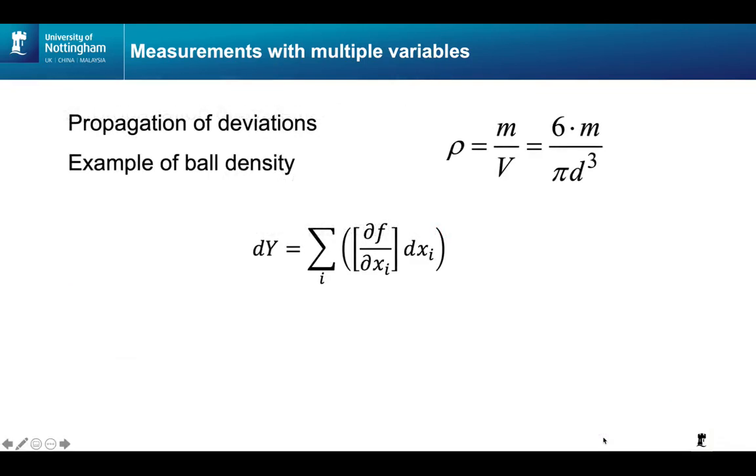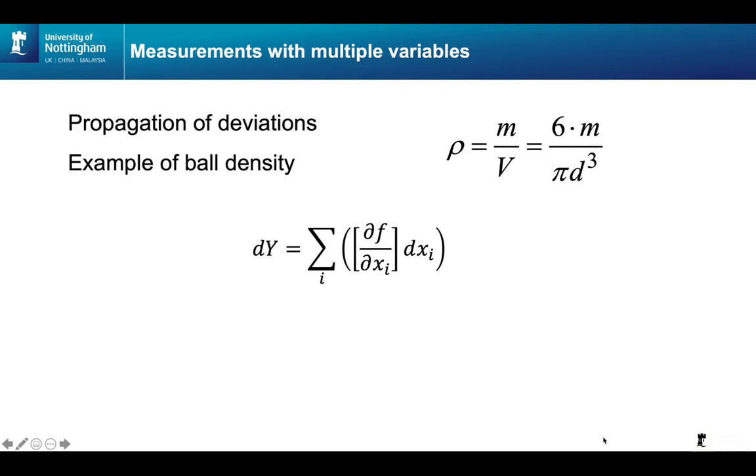So we're going to try and propagate the various systematic deviations through our model equation, which you can see there, for the example of the ball density. Now we have that from the previous lecture.